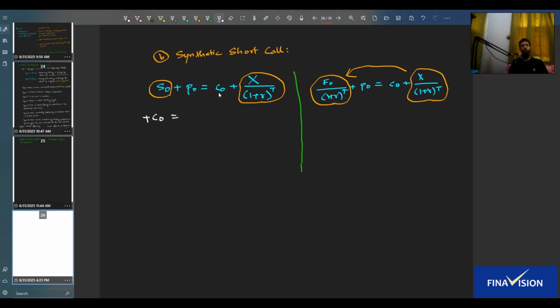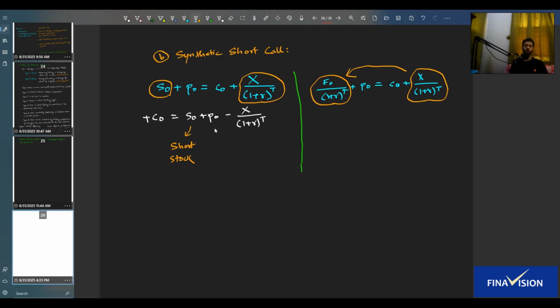So this is equal to, plus C0 is equal to S0 plus P0 minus the present value of the strike, right? Which means, if you have to understand this expression, this basically means there is an inflow due to the underlying, which means short the underlying. Short the stock or the underlying.